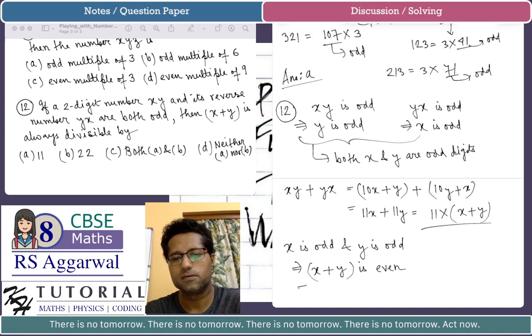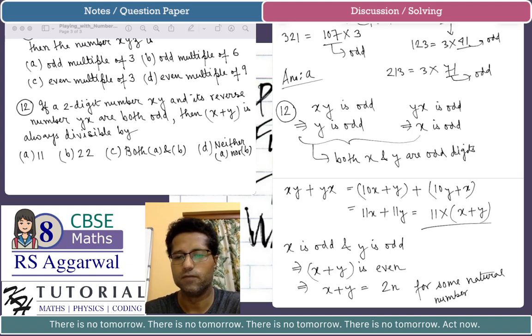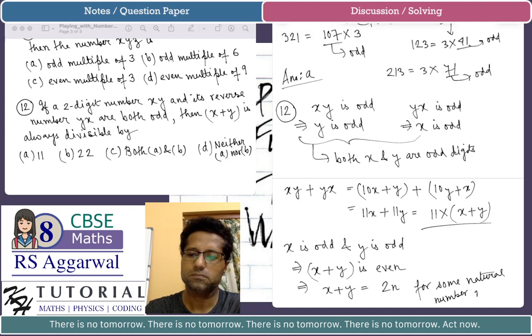This implies that x plus y will be of the form 2n for some natural number n. We don't know the digits x and y, but since x digit is odd, y digit is odd, x plus y will be even.